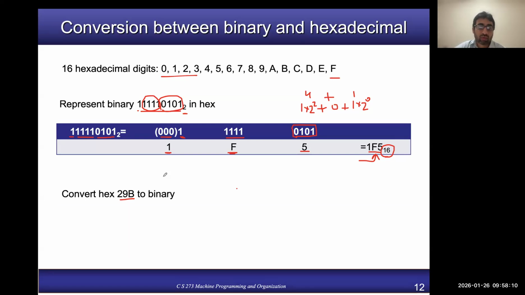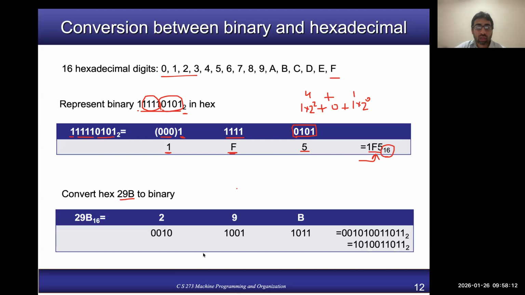Oh, sorry. We need to convert it into binary, not decimal. So we do the exact reverse of what we did here. We write the 4-bit binary of each digit in the hexadecimal number. For example, for B, we write the binary value of B. So what is B in decimal?